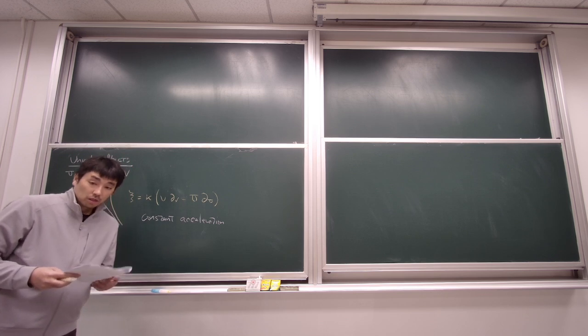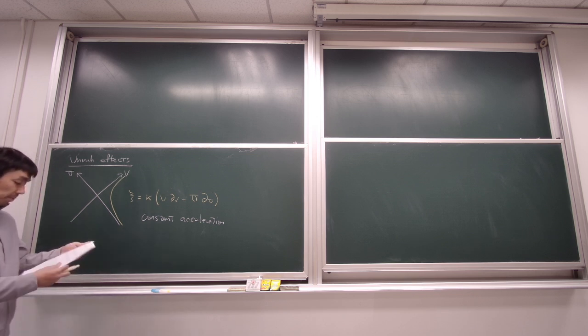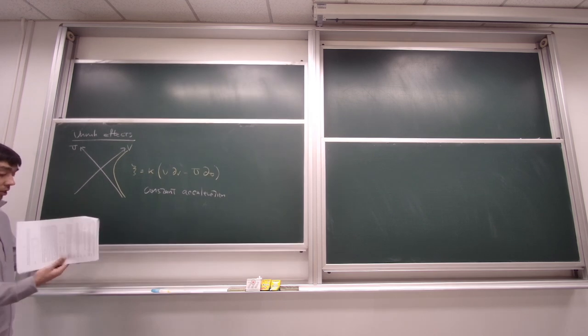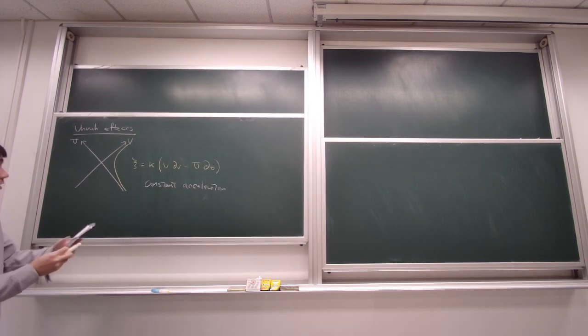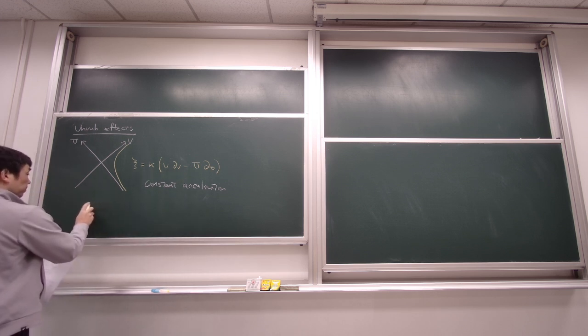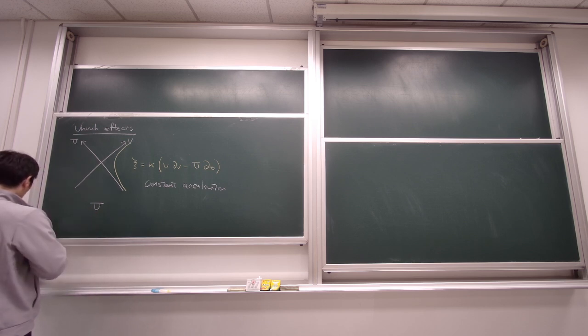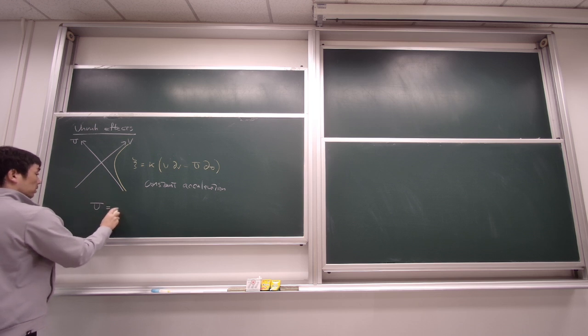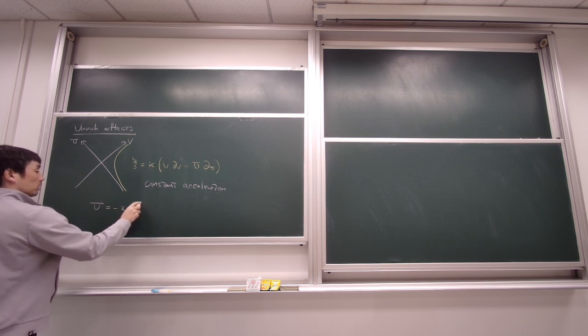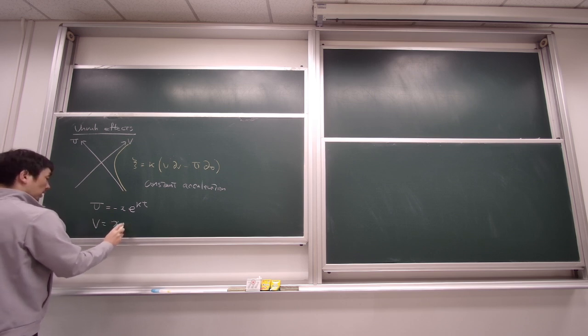Okay. So that's our observer, and then we look at the Klein-Gordon equation in this metric. So U is given by minus x e to the minus kappa t, and B is given by x e to the kappa t.